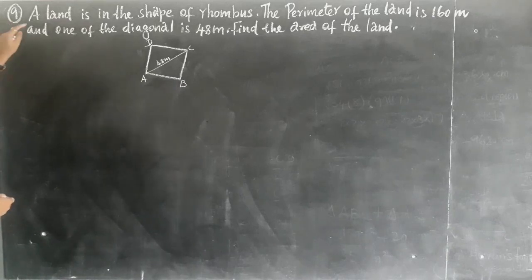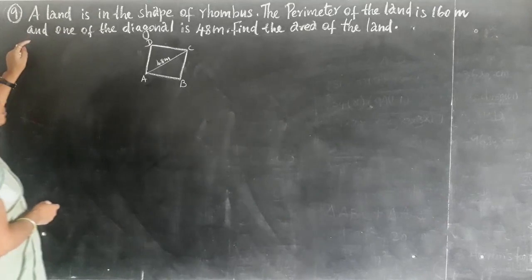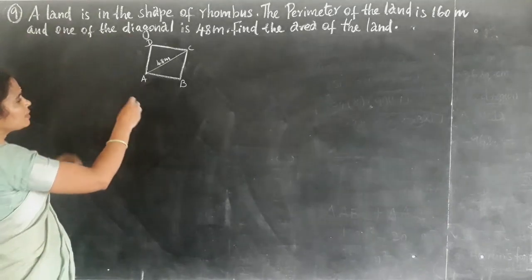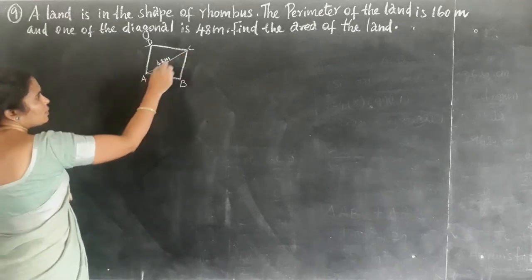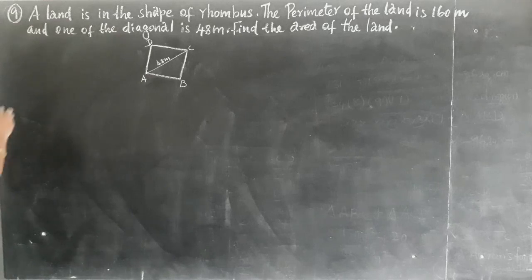Question number 9. A land is in the shape of a rhombus. The perimeter of the land is 160 meter and one of the diagonals is 48 meter. Find the area of the land. So diagonal AC is equal to 48 meter. The perimeter of the land is 160 meter.